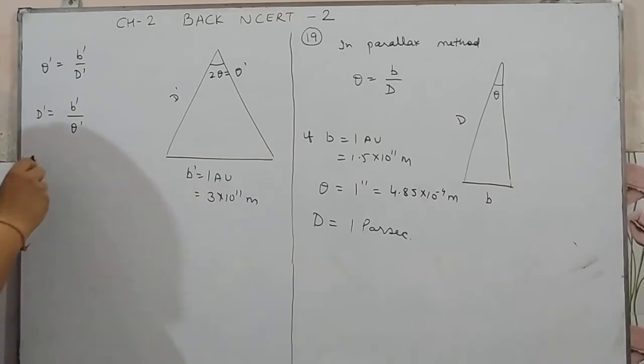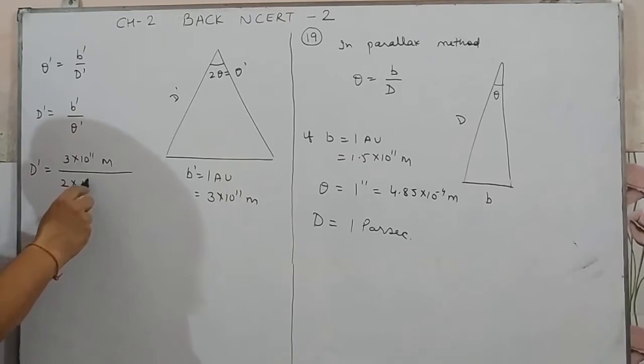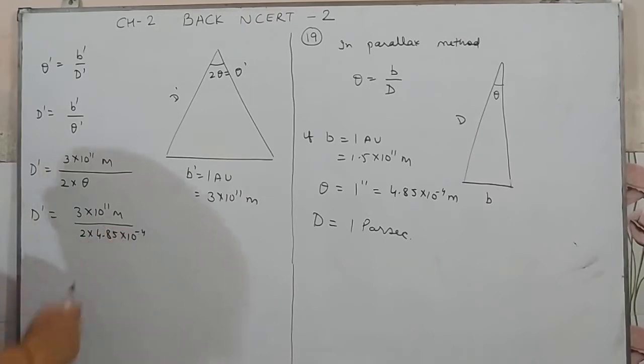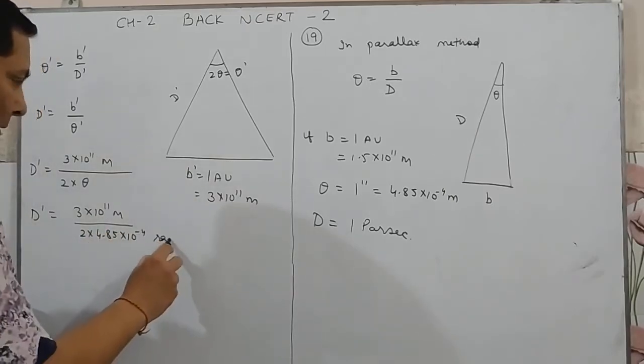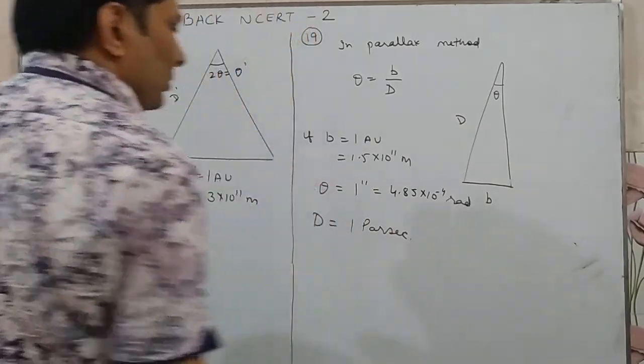We will write d dash equals b dash, which is 3 into 10 raised to the power 11 meter, divided by 2 into theta, that is d dash equals 3 into 10 raised to the power 11 divided by 2 into 4.85 into 10 raised to the power minus 4 radians. Sorry, this is radians.